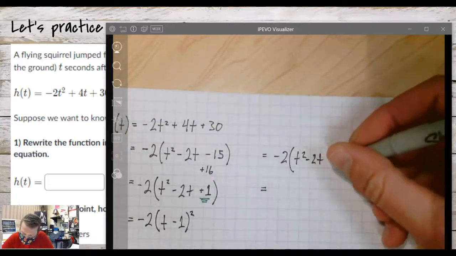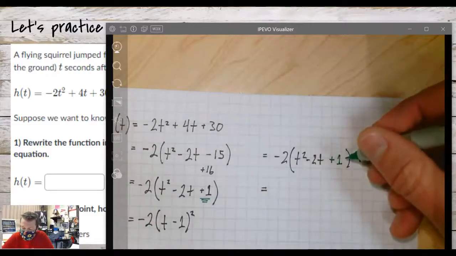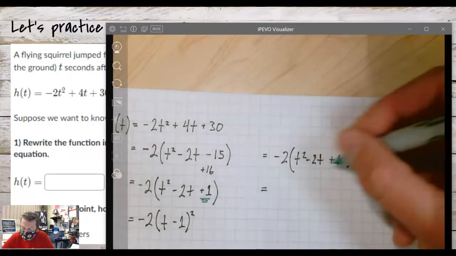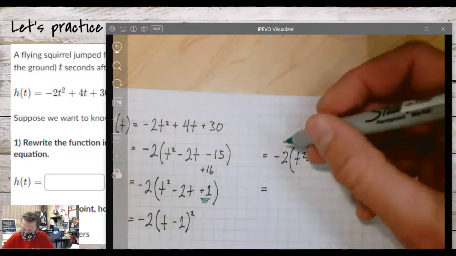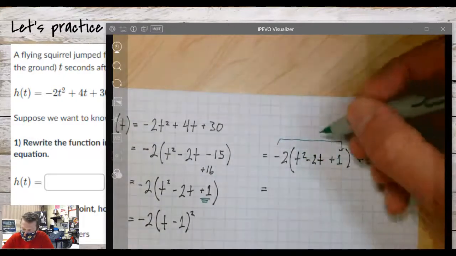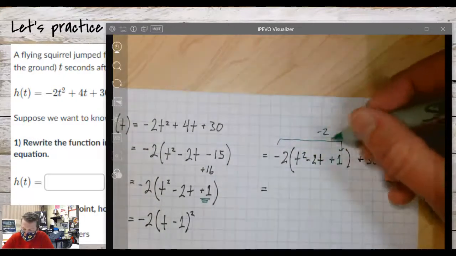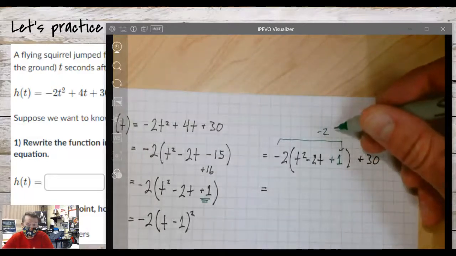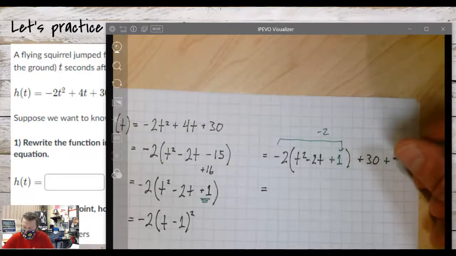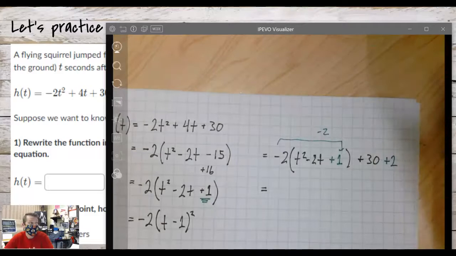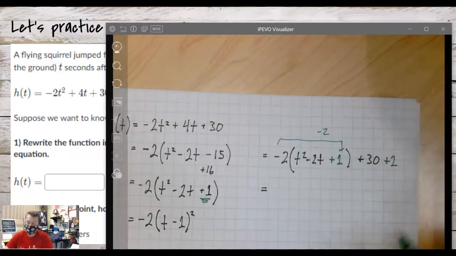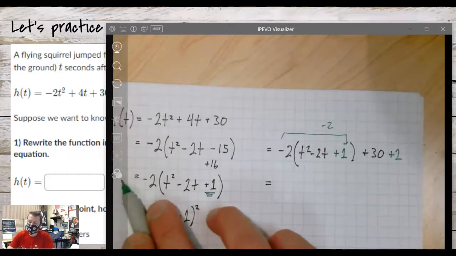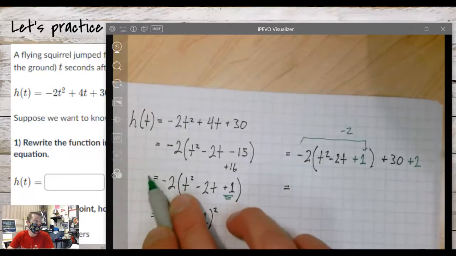That actually is a negative 2. So to compensate for that negative 2, we just have to add 2. It would have been a negative 32 over here.